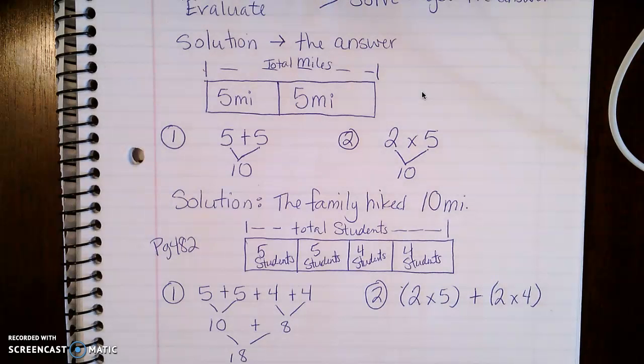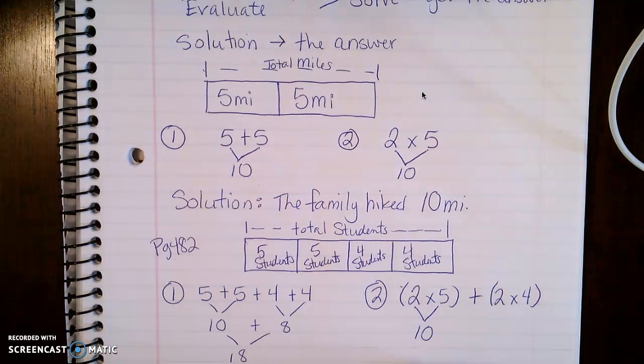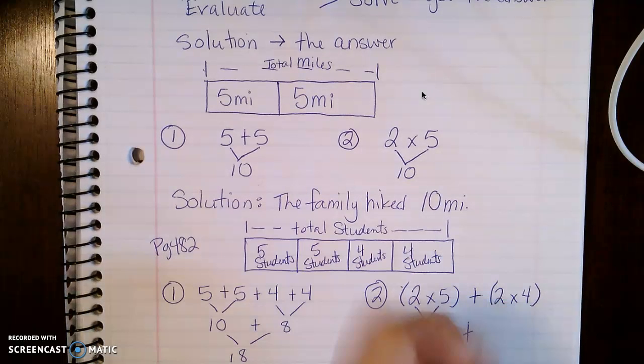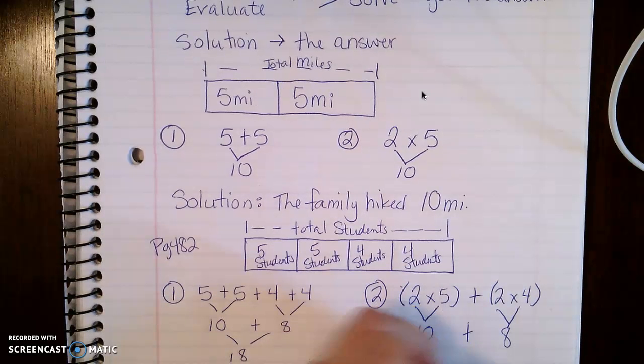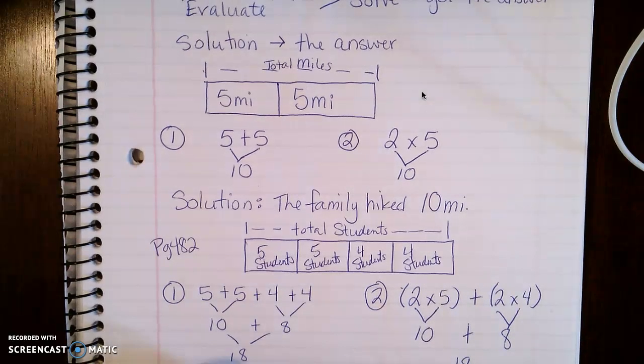Then I could evaluate this by doing 2 times 5 is 10. Order of operations says if there are parentheses, I do them first. Bring down the plus. And 2 times 4 is 8. And then 10 plus 8 is 18. And I get the solution of 18. So I would say there are 18 total students.